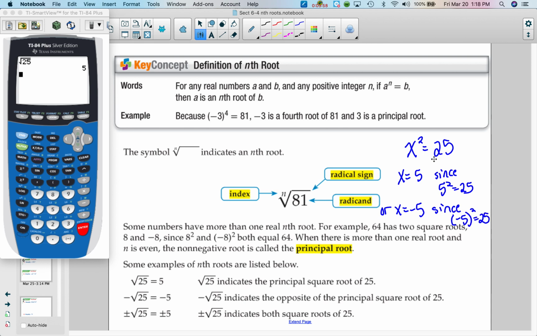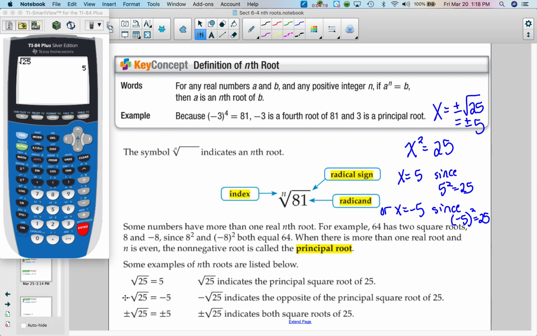That was the reason why when you square root both sides, we always had plus or minus the square root of 25, which was plus or minus 5. Well, the principal square root is just the positive part of it. So when you take the square root of 25, you get 5.